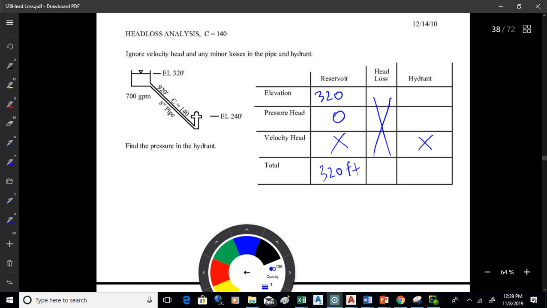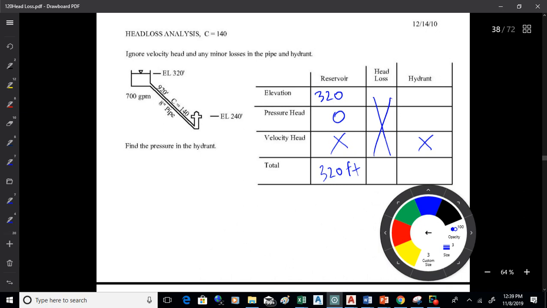Now we need to find the head loss, and this time we have to find it for C of 140. To find the head loss for C140 pipe, you need to find the equivalent flow. That's the actual flow times 100 over C.